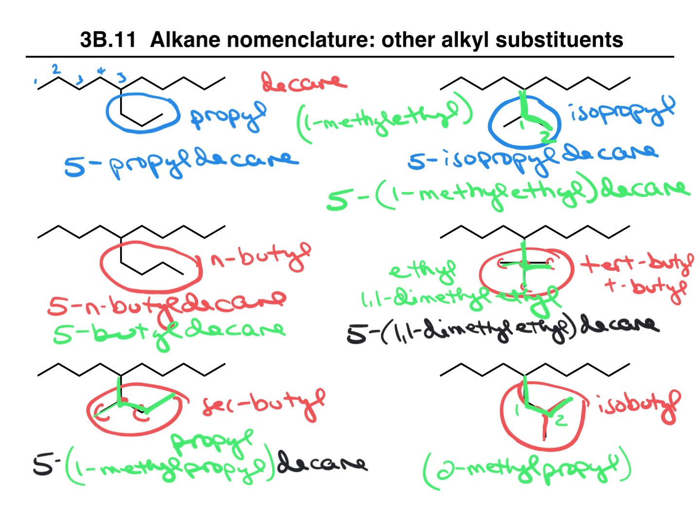Well, then use the textbook as a reference. On worksheets, on quizzes, on exams, if I'm using these branches, then you are free to name them as isopropyl and t-butyl, and you do not have to use the full IUPAC approach.